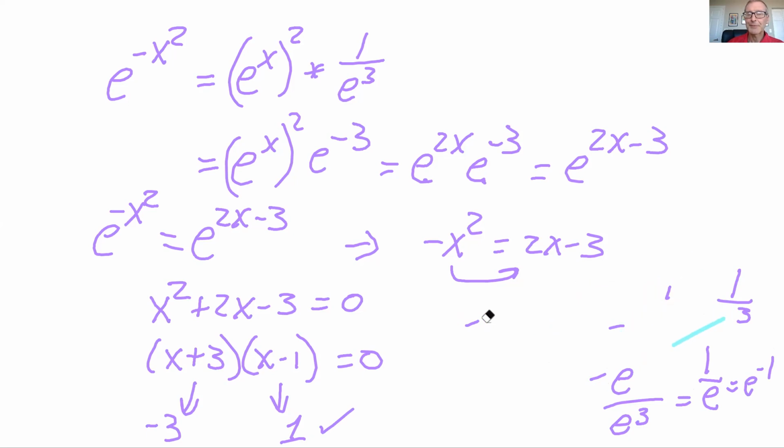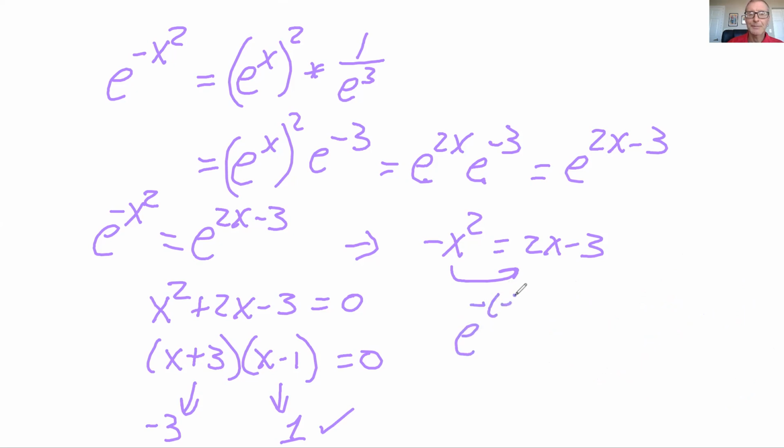So let's try the minus 3, see how that goes. So when you check the minus 3, it would be e to the minus 3 squared equals e to the third minus 3 squared.